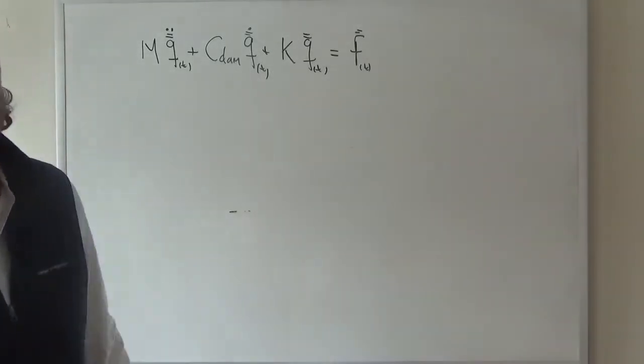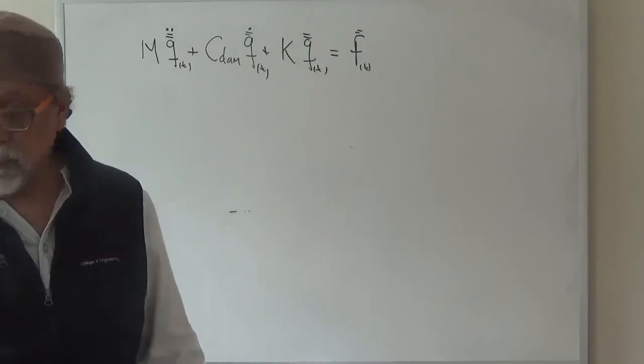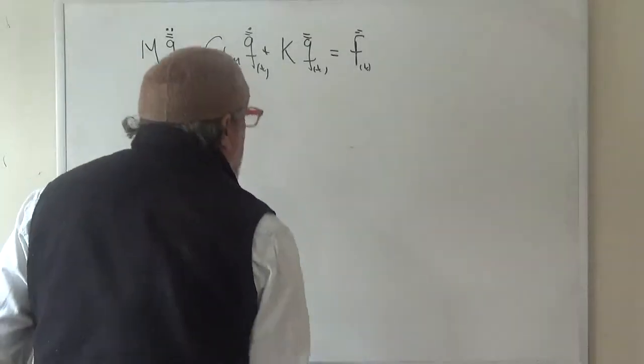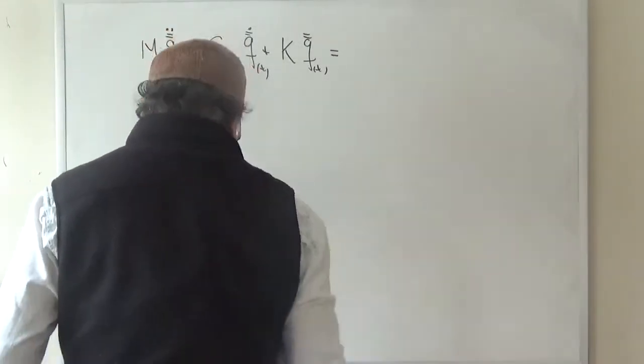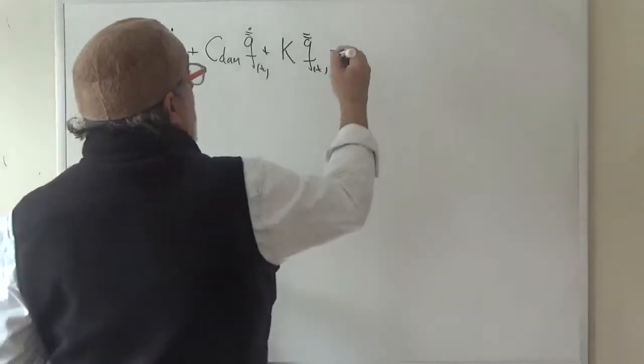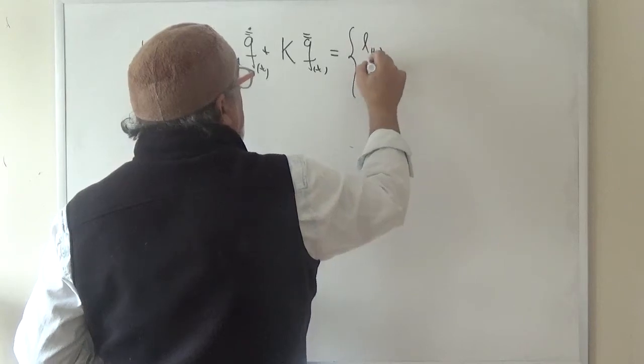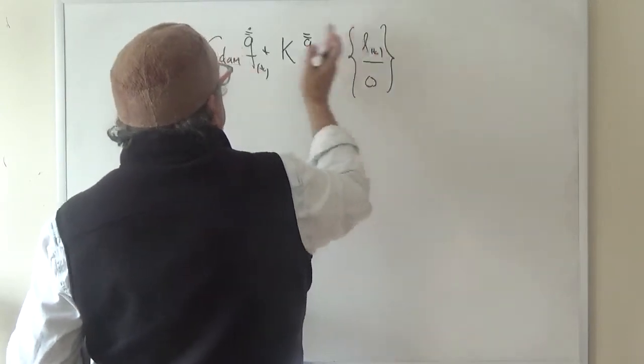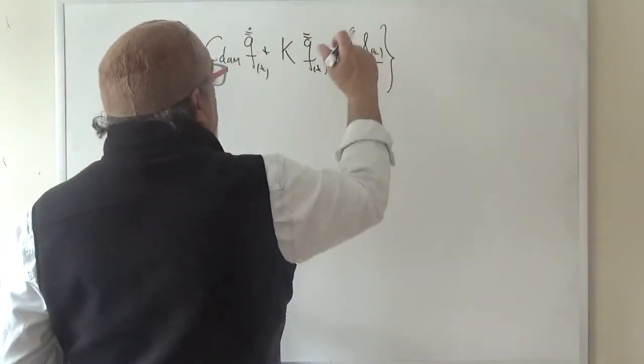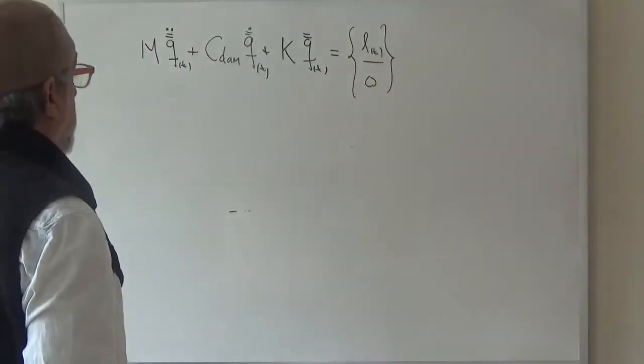I'm sorry, I shouldn't use f double bar of t. We've already gotten to a name for this: we have a right-hand side under our convention that is L of t and 0. So at the measured coordinates we've got some loading, at the unmeasured coordinates we have no loading.